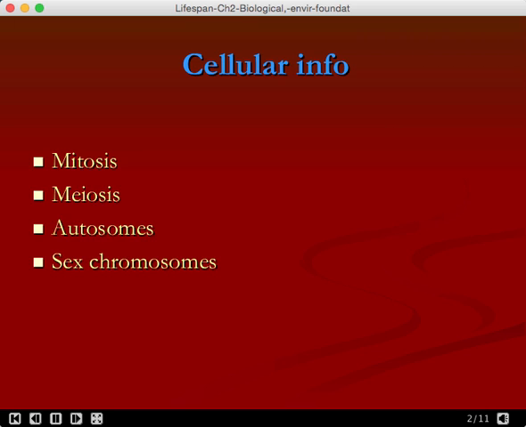Reproductive cells or gametes, sperm and eggs, reproduce by meiosis. Meiosis is cell division which results in the sperm or egg being reduced to 23 single chromosomes instead of 46. When an egg is fertilized by a sperm, the resulting zygote will have the 46 chromosomes needed for normal development.